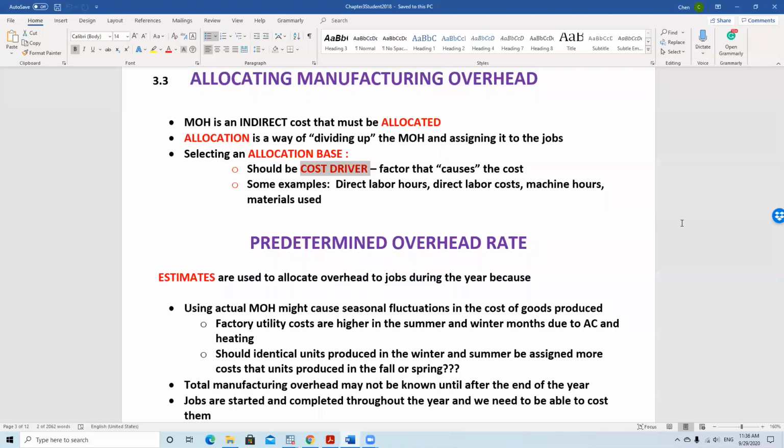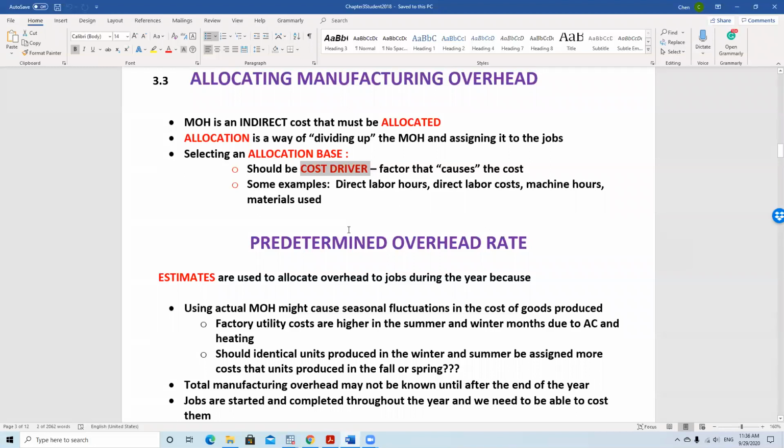So it makes sense because, for example, with direct labor hours, the more hours that your worker is working on that product, the more likely that you're gonna use more utilities, and the more likely that you're gonna use more materials, the more likely you are wearing down the factory building, okay?